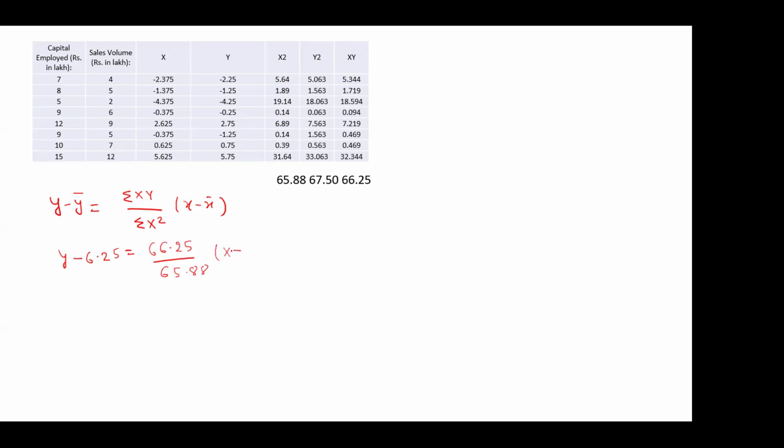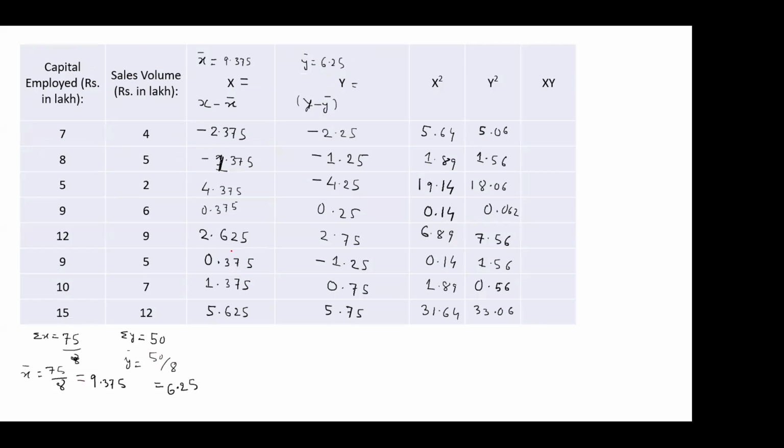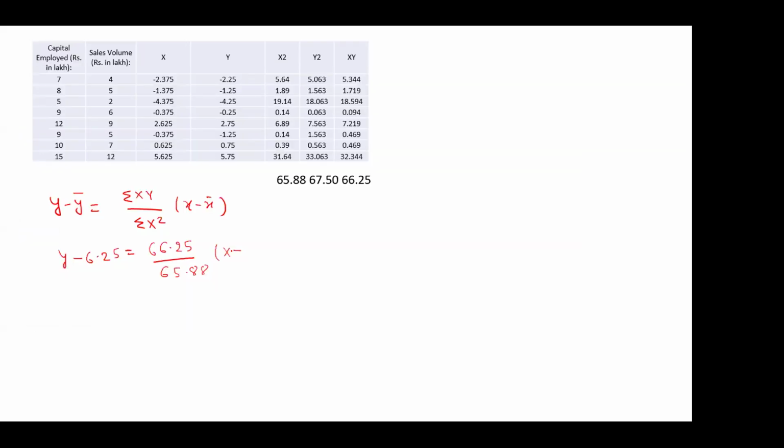X bar we know, 9.375. So now equate this: y minus 6.25 equal to, this will go close to 1. If you see both numbers, now they are very close.